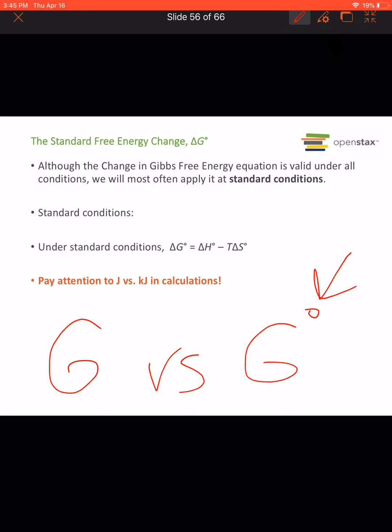Whenever you see G naught, we're assuming that this reaction is taking place under standard conditions. When you just have G, it means that reaction is taking place at any temperature or pressure. And again, pay attention to your units for H and S, because they need to be the same when you do your calculations, or it'll throw off your response. Put a big check next to that.